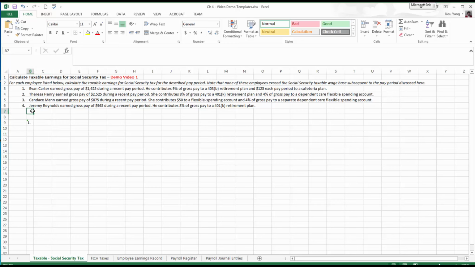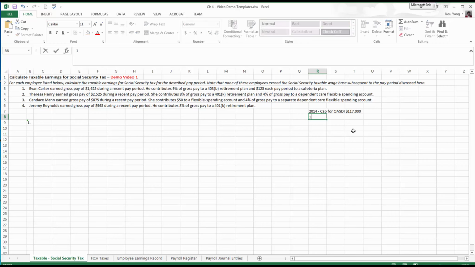So let's go ahead and I'm going to dictate up here. The cap is $117,000. So any employee who makes over $117,000 at any given point during the year is no longer obligated to pay that tax.